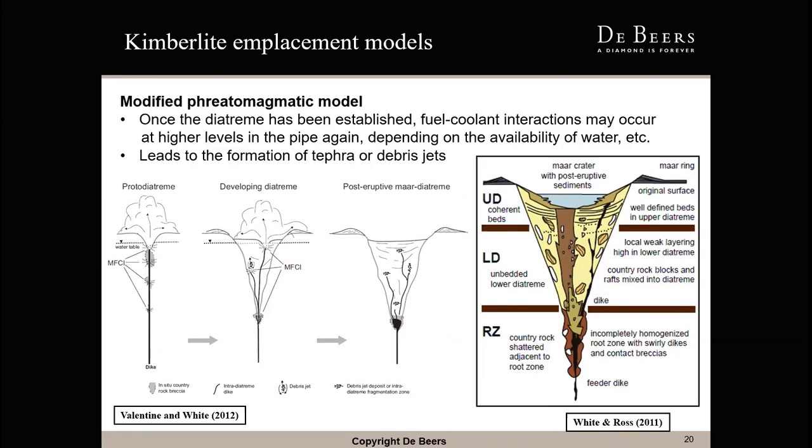This process leads to the formation of tephra or debris jets. If this process reaches the surface, you'll generate another little vent inside the bigger original diatreme. If not, you will just develop a region of highly disturbed and disrupted volcanic products down in the vent itself.